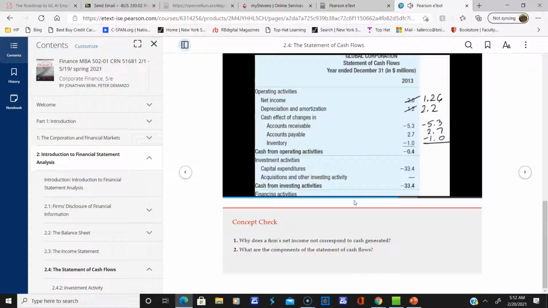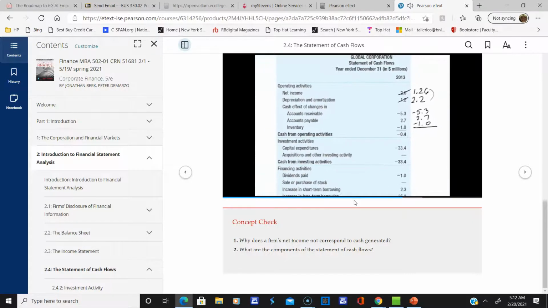So the change is coming from up here, and the cash from operating activities, instead of being negative 0.4, will actually be, so that would be negative 400,000. It'll actually be 260,000 greater, so it'll only be negative 140,000, or 0.14 million.